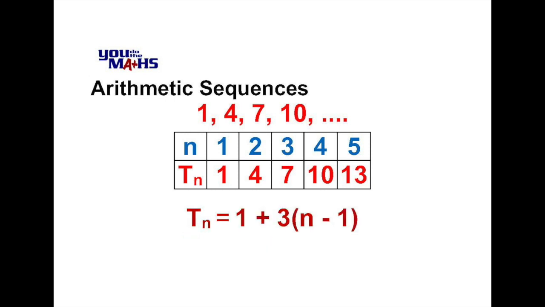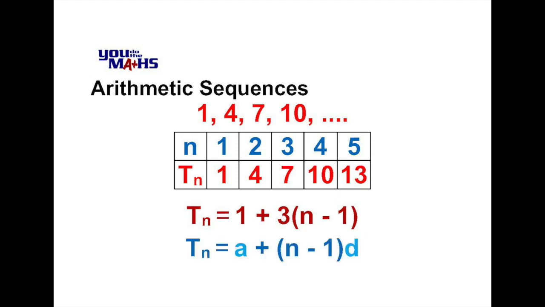And we'll just change the order of those so we can see it with the 1 at the start. And the reason why we do that in that form is because the 1 matches the first number in the sequence, which we denote with the symbol A. And the 3 matches the difference of the numbers in the sequence, and we'll denote that with a D.